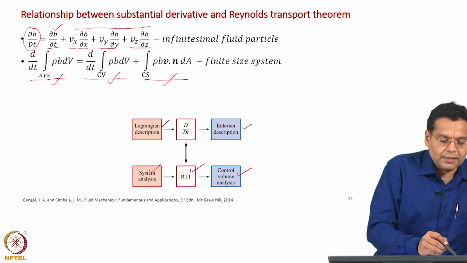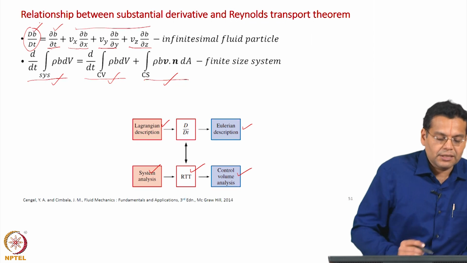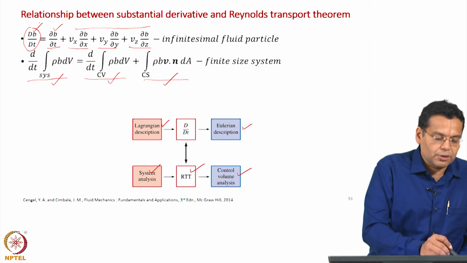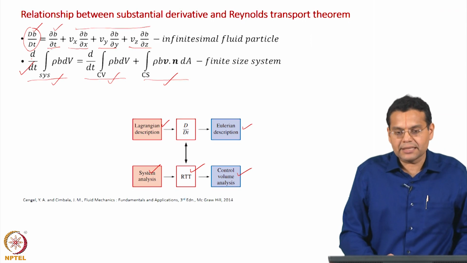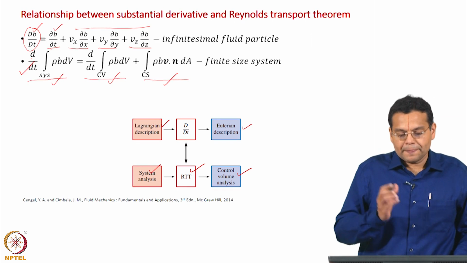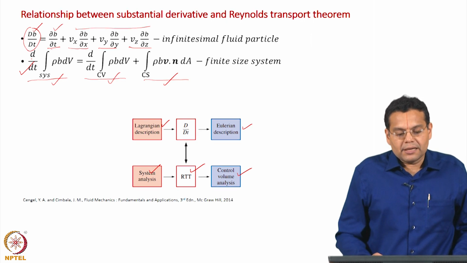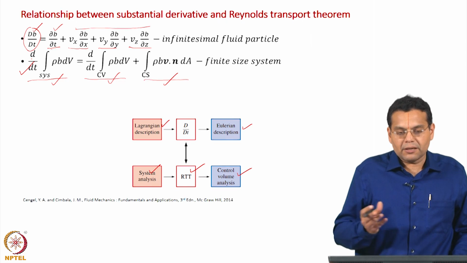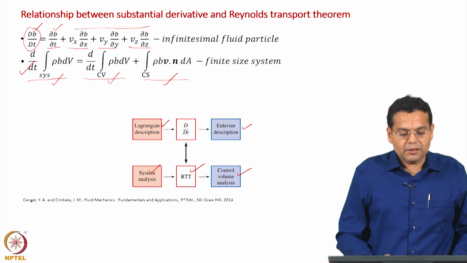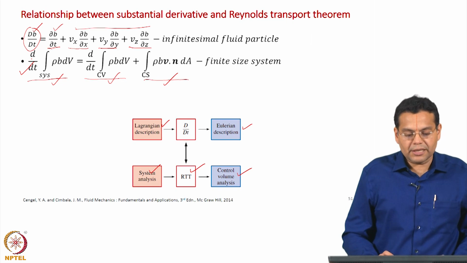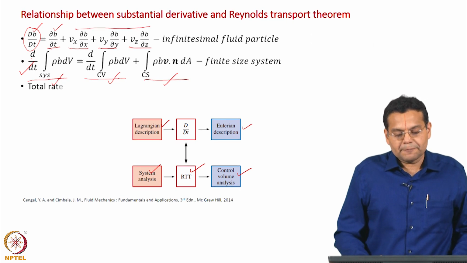The substantial derivative also, the left hand side was Lagrangian representation. In the Reynolds transport theorem also the left hand side was Lagrangian representation. Coming to the right hand side, in both the substantial derivative and the Reynolds transport theorem, they represent the Eulerian representation. Even in terms of contribution, we have two contributions in both the cases.